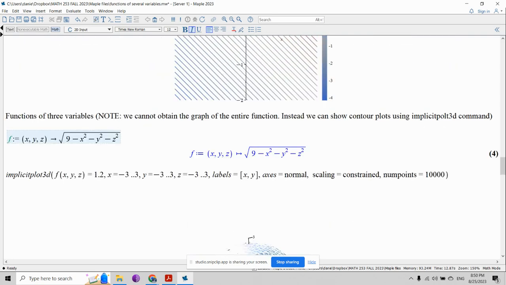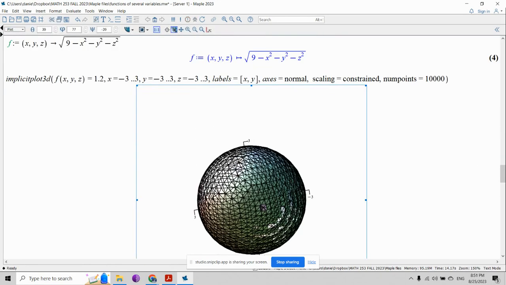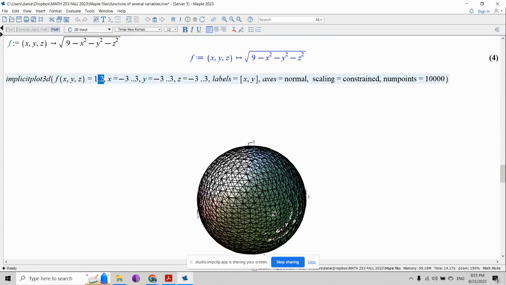And let's finish with the level surfaces of a function of three variables. Like I said, in this case, things are a little bit more vague because you cannot see the function itself. You can only visualize the domain, which in this case happens to be a solid ball of radius 3. When you set it equal to a specific number, all you get are spheres, right? So for example, this is the level surface corresponding to the value 1.2.